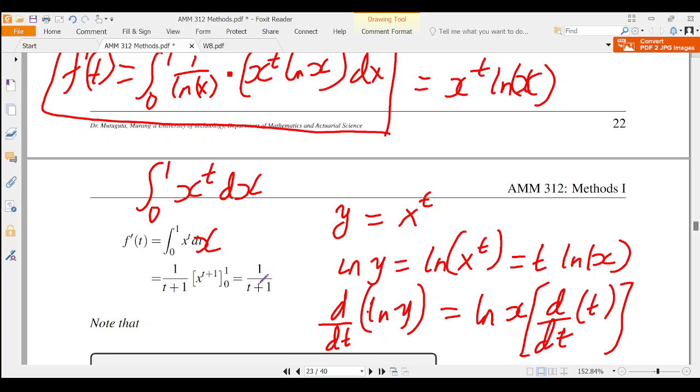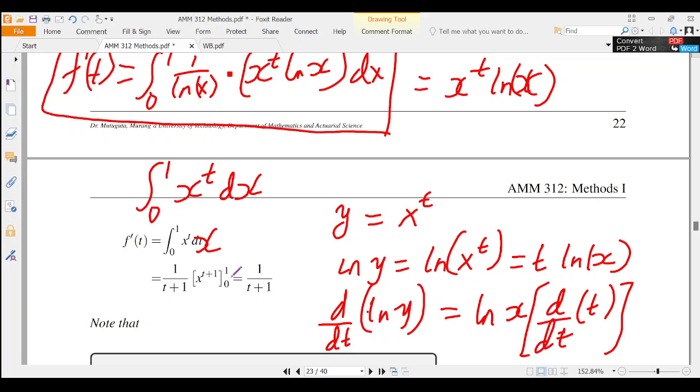Then we can evaluate this when x is equal to 1 and when x is 0. When x is 1, we have 1 raised to power t plus 1; 1 raised to any number is 1. And when x is 0, we have 0 raised to power t plus 1, which is 0.